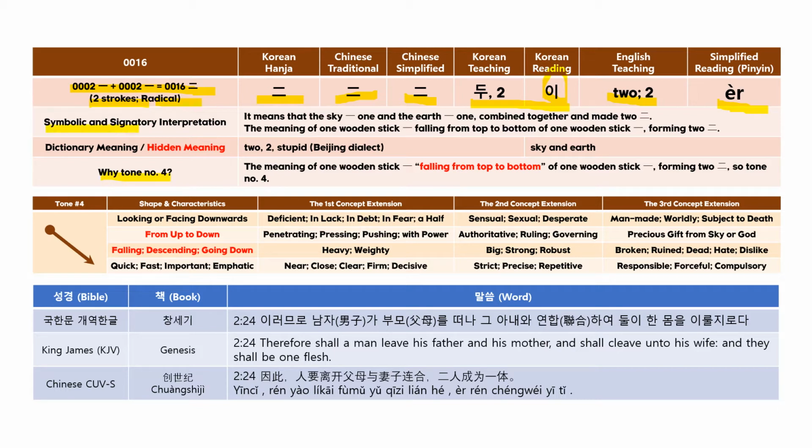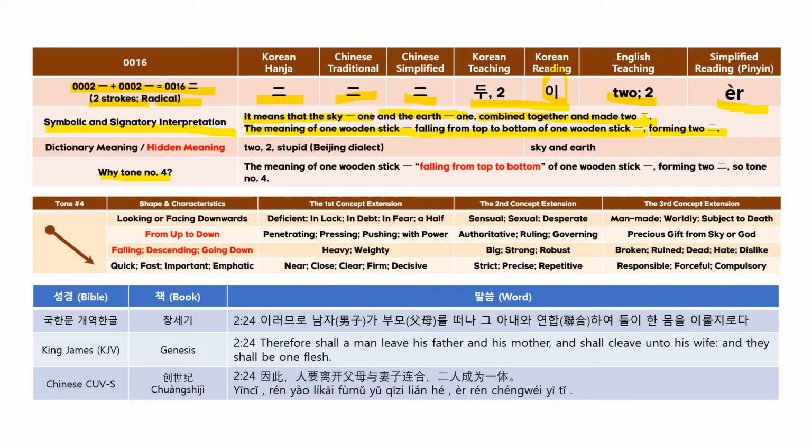The symbolic analysis and interpretation of this character means that the sky one and the earth one combined together and made two. Or it means one wooden stick falling from top to bottom onto the other wooden stick, so forming two.